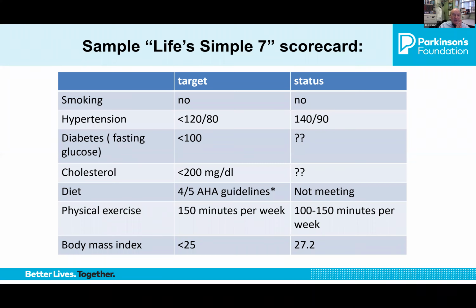Blood pressure is kind of marginal. It's not quite where it's supposed to be. Even though they're motivated, their glucose and cholesterol they're not quite sure about. They're sort of making it on exercise. Their body mass index is a little bit high. This is my scorecard, just to give you an example of even somebody who preaches this on a regular basis, who's really motivated, has a lot of work to do, and I think all of us do.